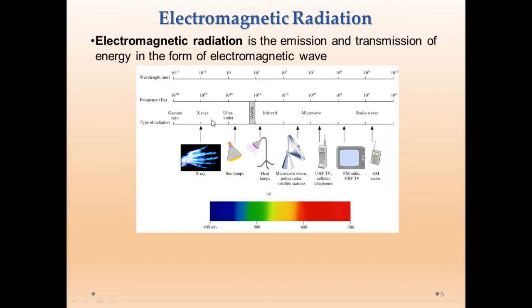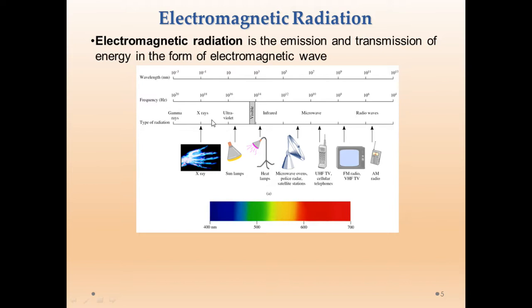This region is the X-ray region, and we have sun lamps. We have gamma ray, X-ray, ultraviolet, and the visible region. We also have infrared, microwave, and radio wave. So different ranges.